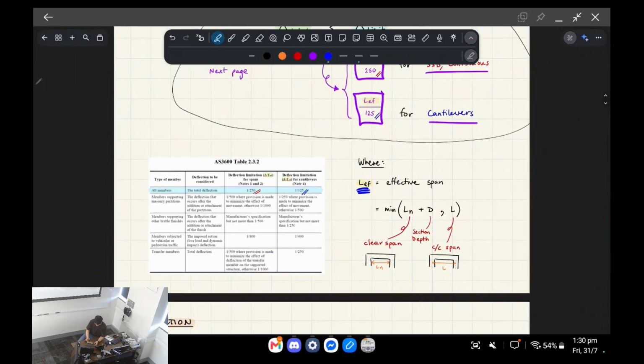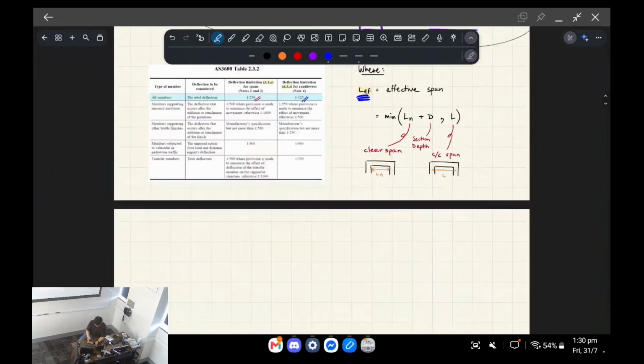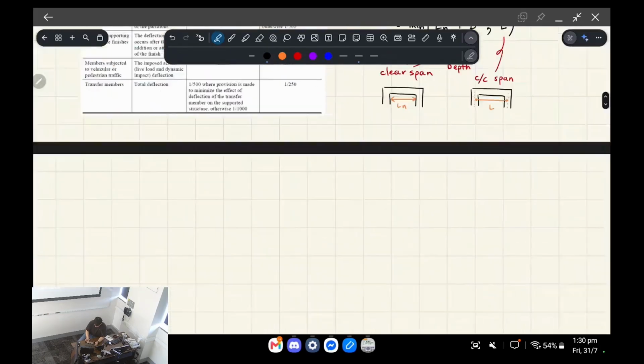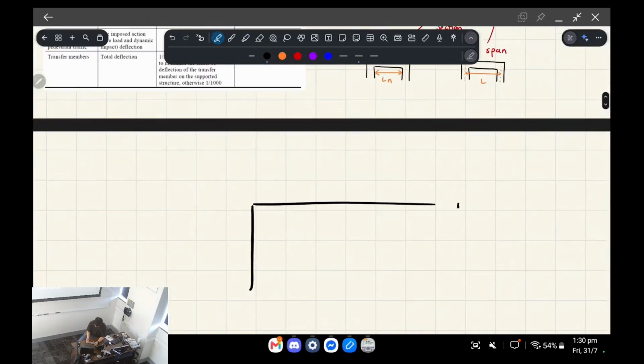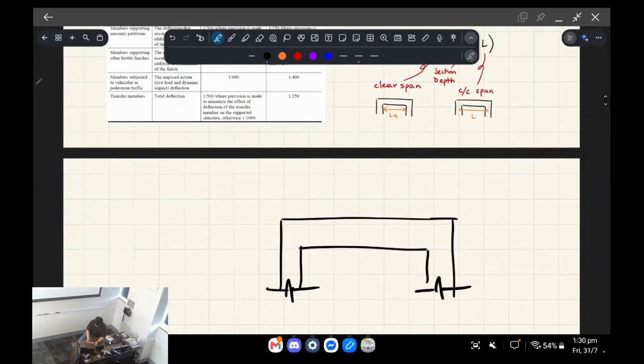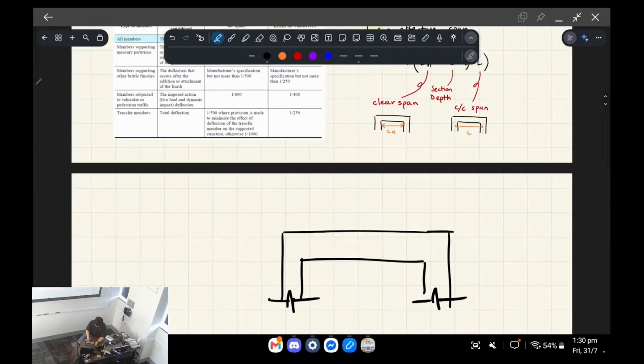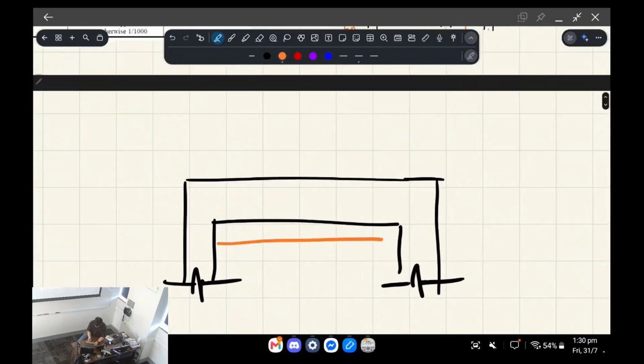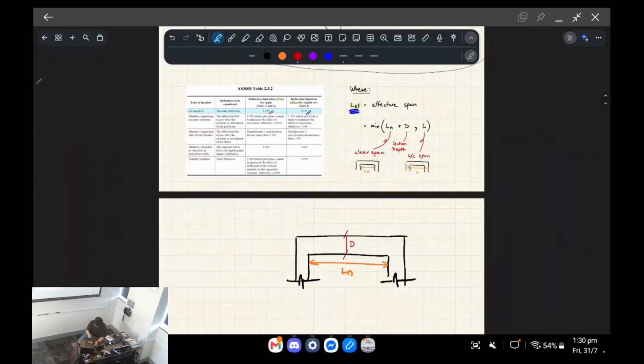So L_ef is like an effective span. Let me help you, I'll draw a little diagram for this. If you have a concrete frame which has columns and beams, the distance between the columns, that is just air. That's the net length, okay? And the depth of the beam is d.